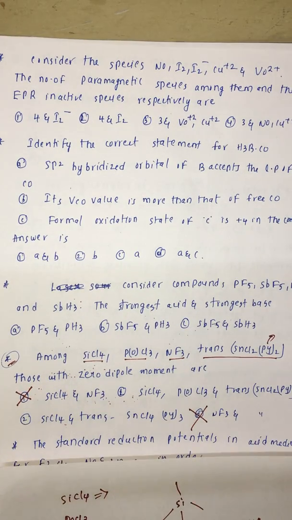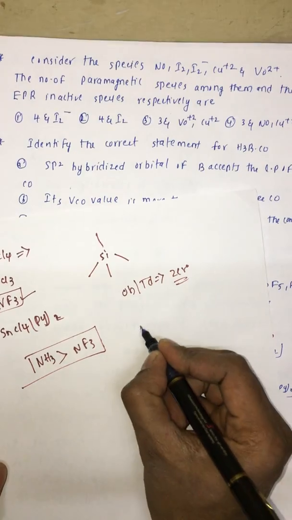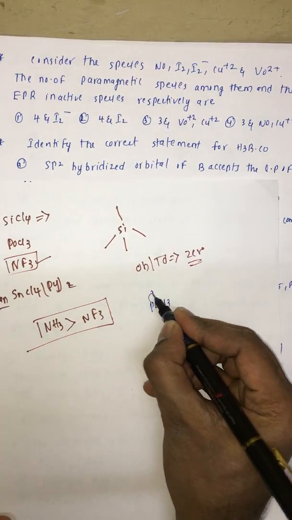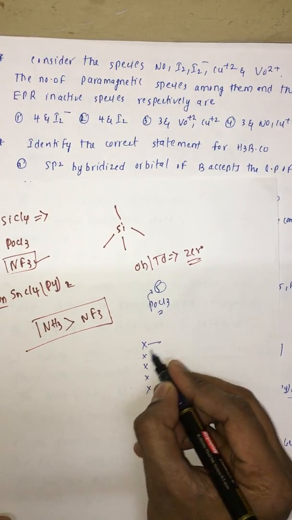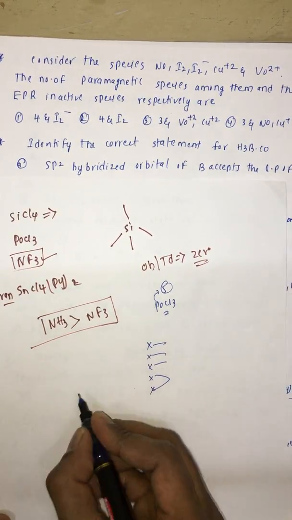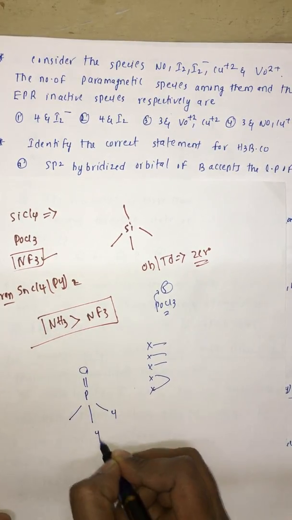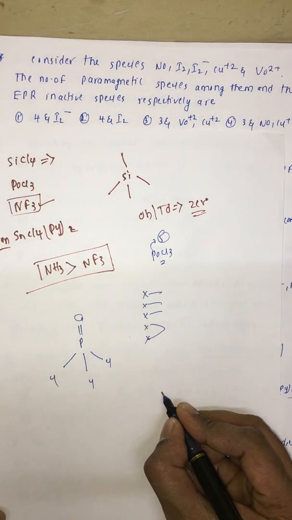Now we need to see about the POCl3 here. We just calculate the hybridization of POCl3. Phosphorus is the fifth group, 1 2 3 4 5, so 3 chlorines and this one. So phosphorus is in tetrahedral shape. If we see the actual structure, it looks like this.